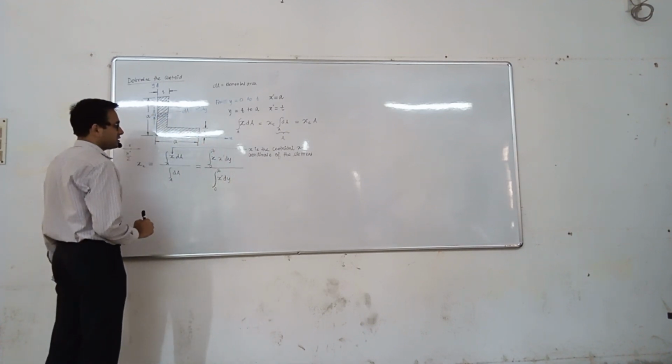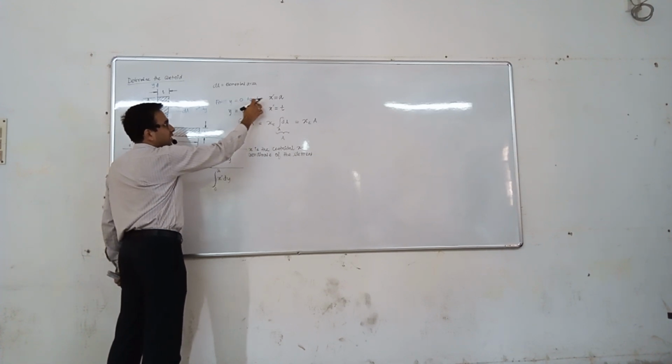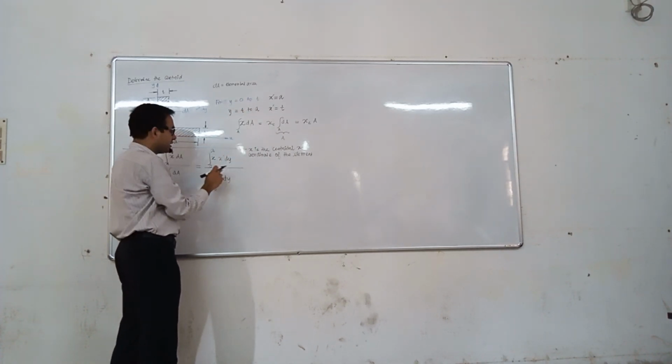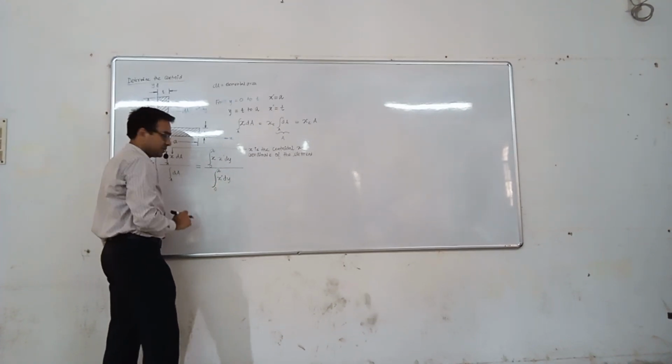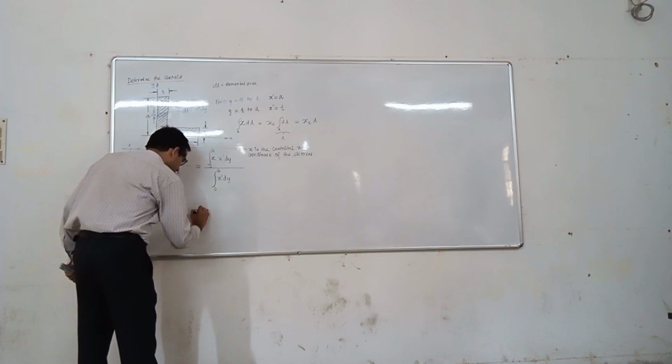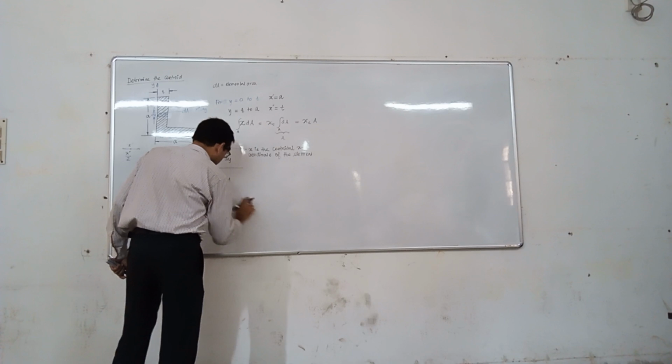Now what I can do is, since I have two limits of y, 0 to t and then t to a, I will split these limits. This is the whole area.